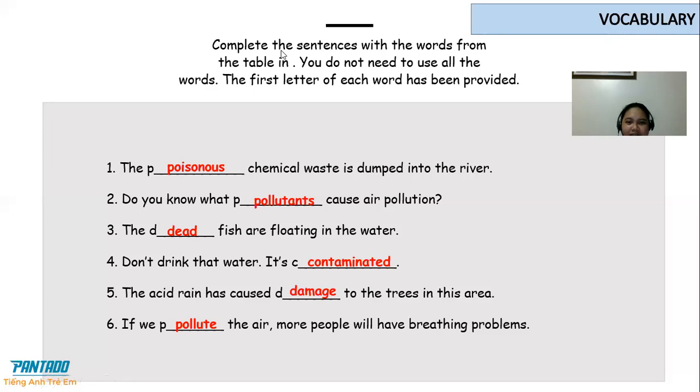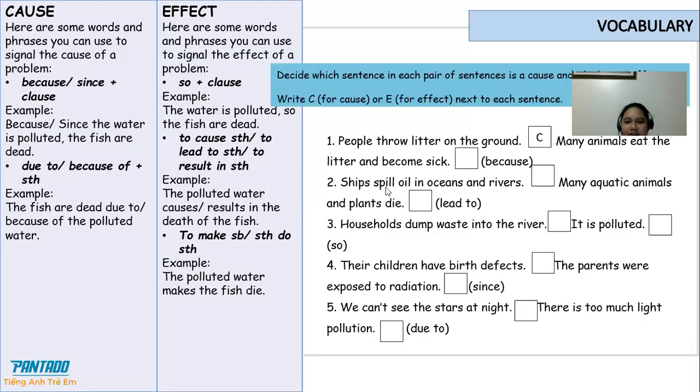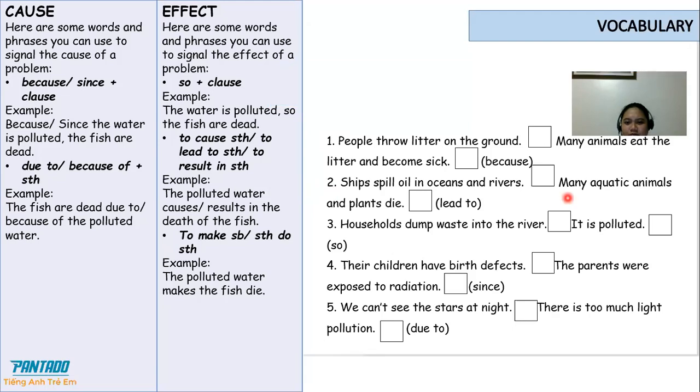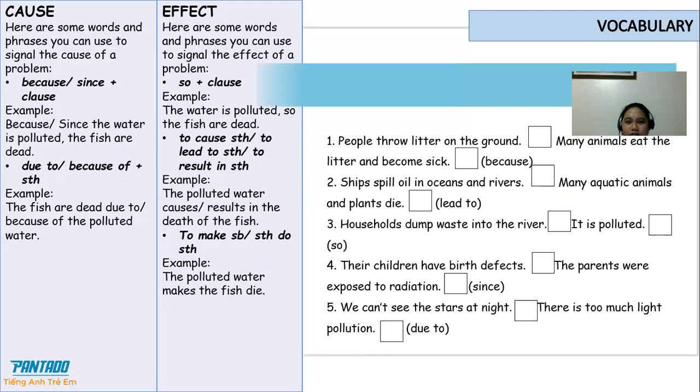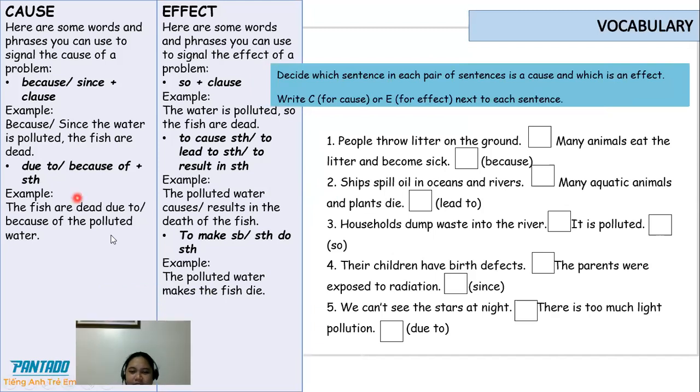Okay, again, please repeat this word. Chemical. Very good. It's chemical, okay? So we have here cause and effect.